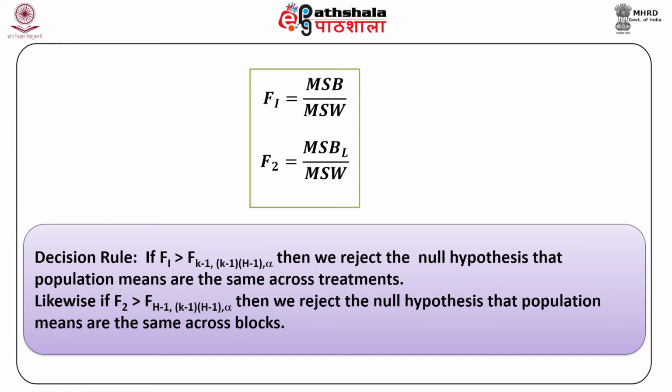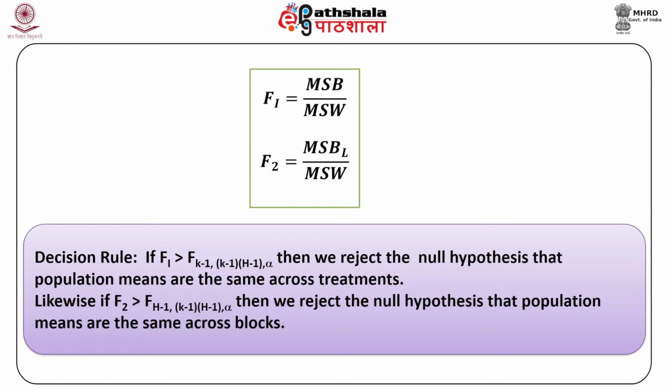Let's now look at the third step, which is the decision rule, which is similar. If F1 calculated is greater than the F tabulated, or F from the tables, then we reject the null hypothesis that population means are the same across treatments.